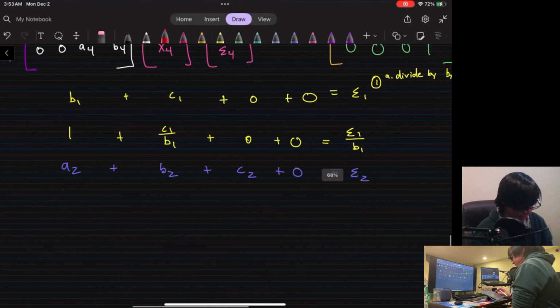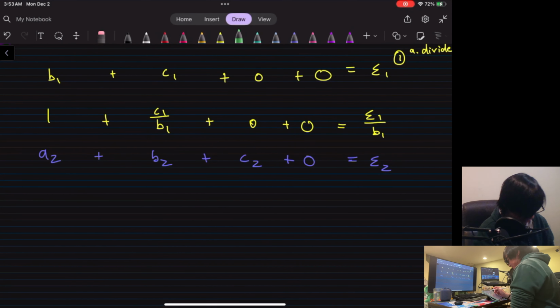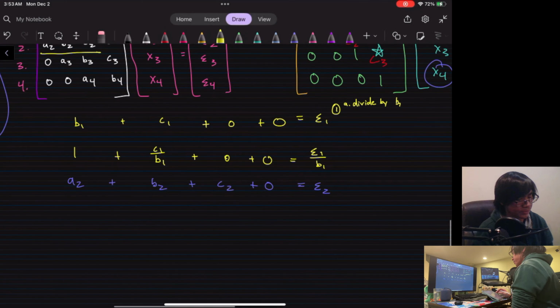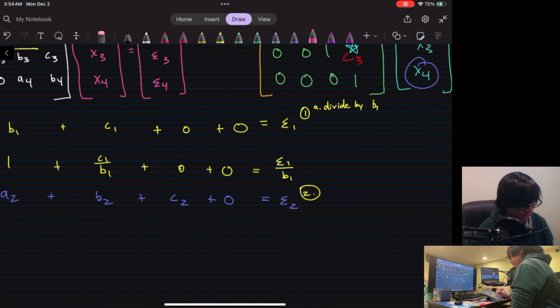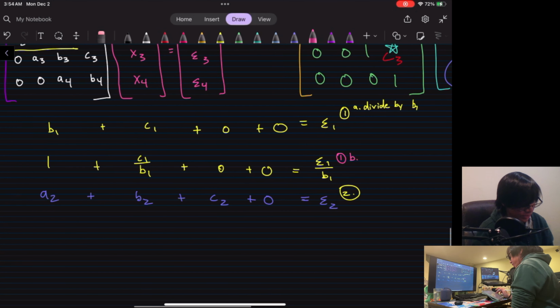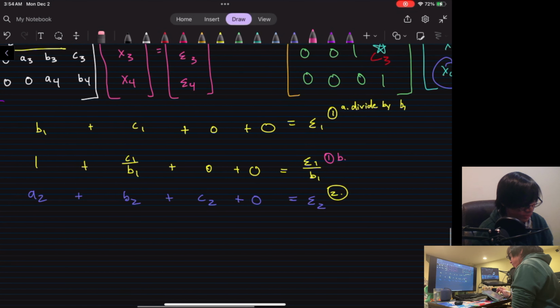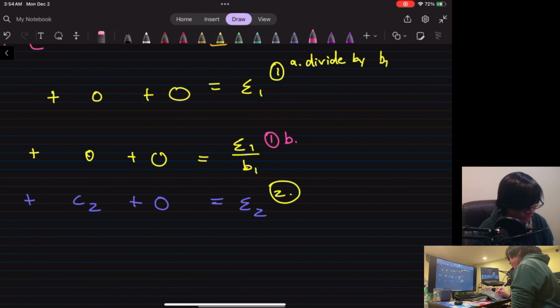Let's just do it one at a time. Okay, so this is number 2. The next step, still on equation 1, is the second step. We want to multiply by a2, the next iteration of a, so a i plus 1.